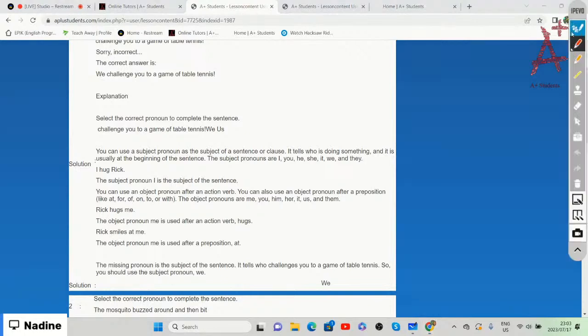So if we now read the definition of a subject pronoun, then we will say that you can use a subject pronoun as a subject of a sentence or clause, right? It tells who is doing something, right? So the subject, it tells us who is doing something, who we are talking about.